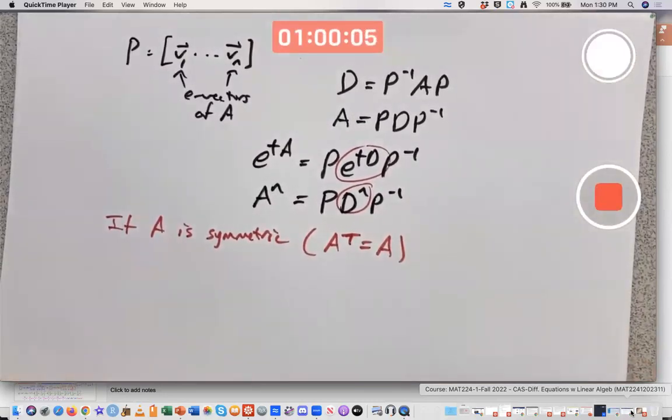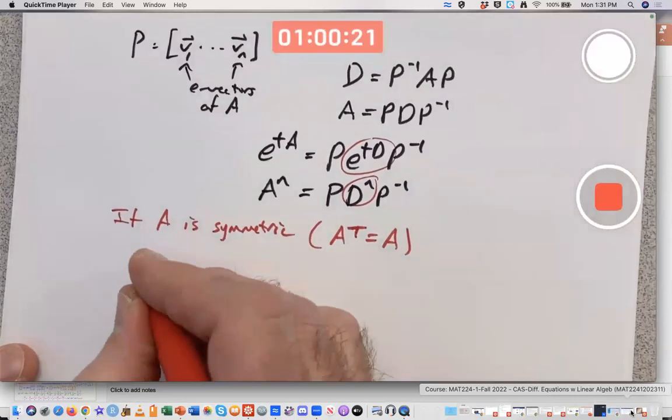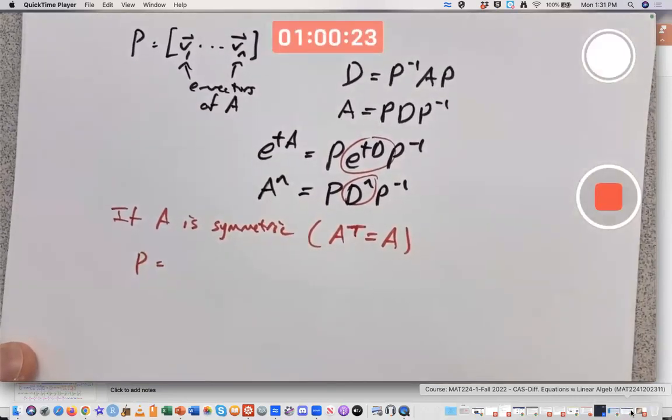It means it's got real eigenvalues, real counting multiplicity. It turns out the eigenvectors do form a basis for Rn. And A is not just diagonalizable, but orthogonally diagonalizable. The P can be taken to be an orthogonal matrix.